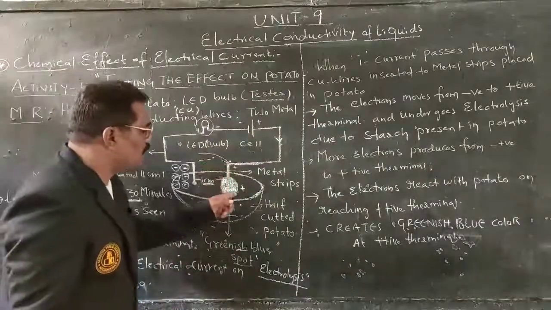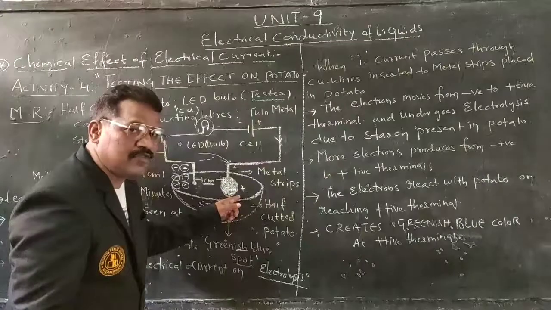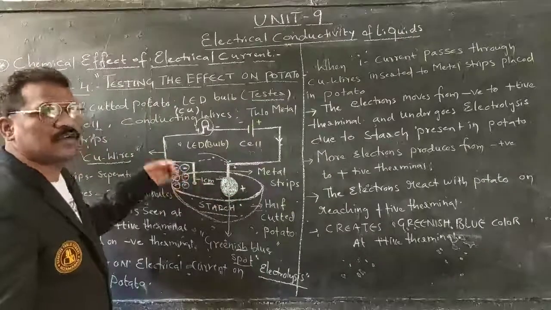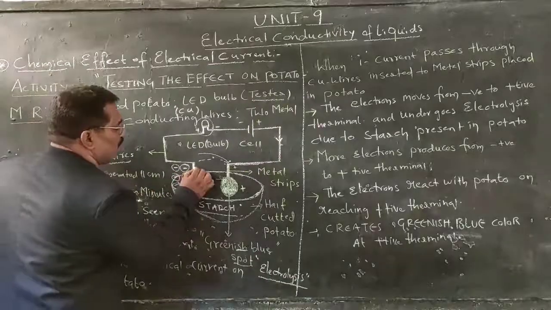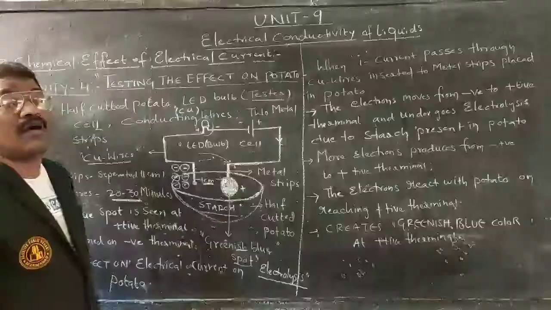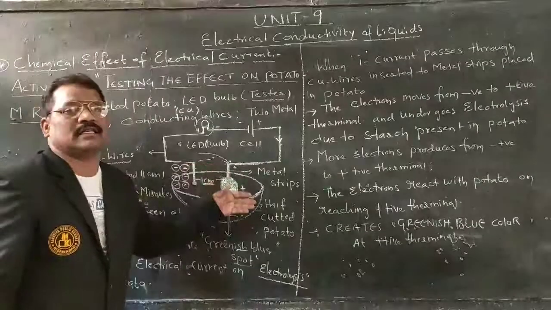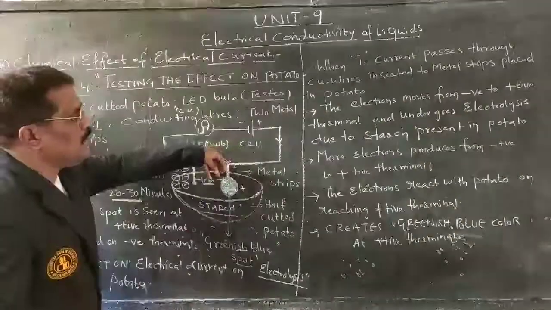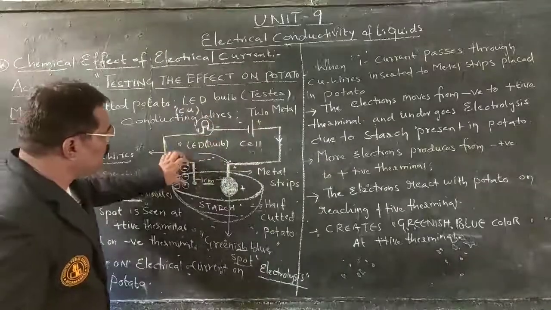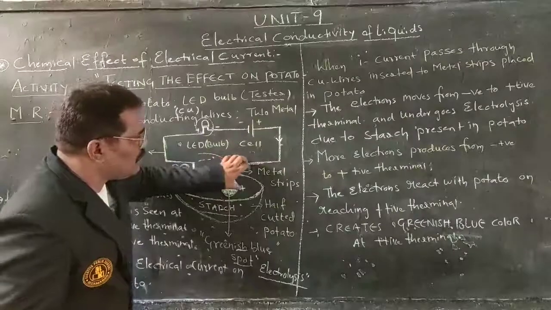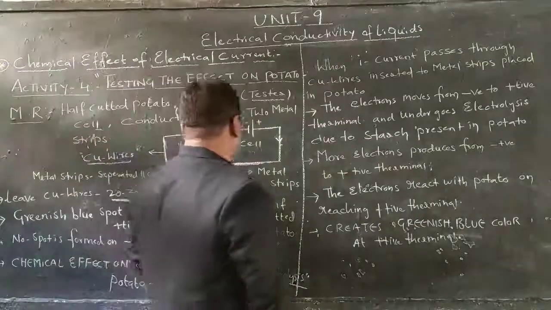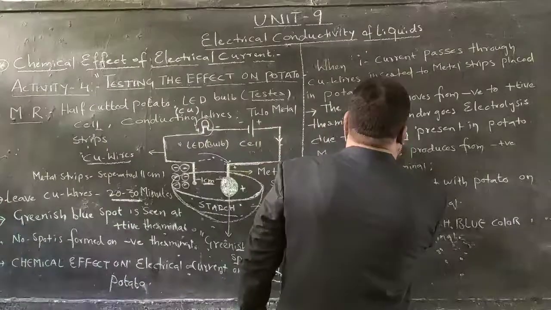At what point? At the positive terminal, it will be created as the maximum number of electrons move from the negative terminal to the positive terminal of the metallic strip. This is the major effect which is allowing more electrons to move from the negative to the positive terminal, due to which, in this potato, starch is existing.